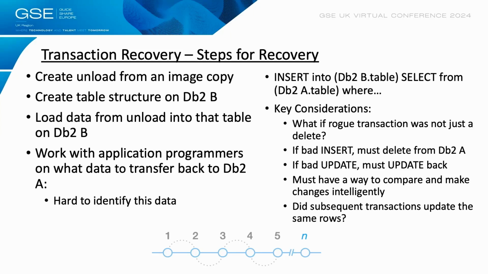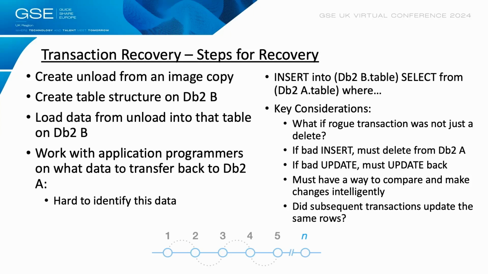And this is assuming that everything was a delete. So okay, if there's a bad insert, you've got to get rid of stuff on A, so you're going to have to look both ways. If it's a bad update, then things start to get more complicated. You're going to work out what's come back, and has there been anything to follow, any updates following on from that?